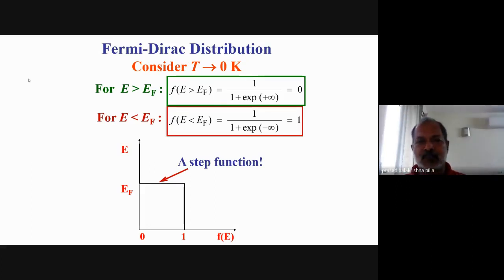That is the picture you get at 0 Kelvin from the Fermi-Dirac distribution law.